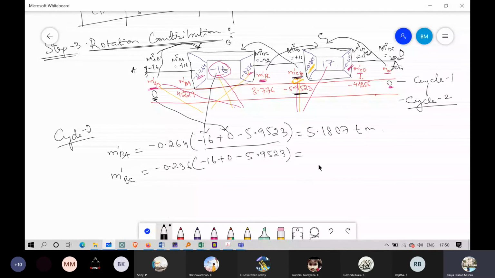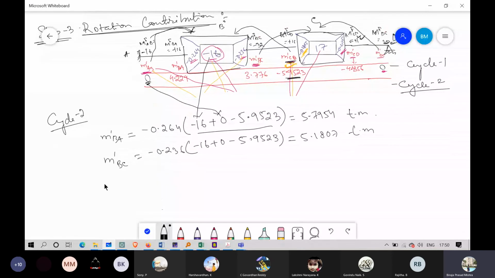Sorry, this value is not this one. This one is 5.7954. This is 5.1807 ton meter again.